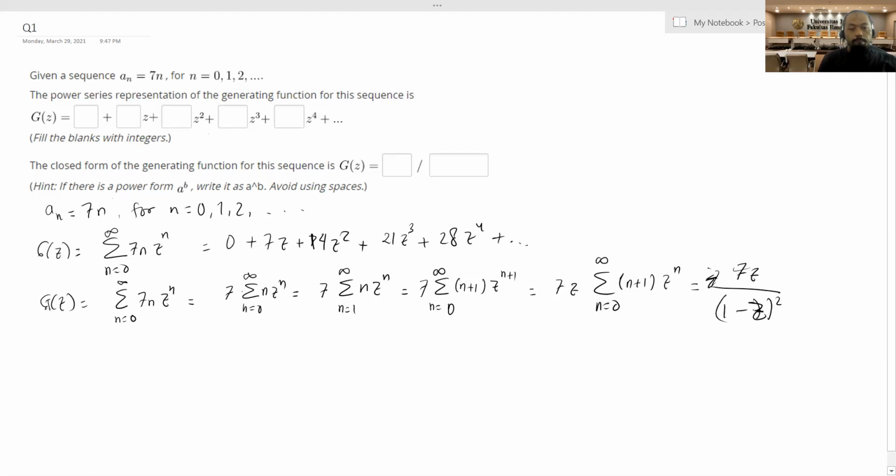This is known, right? This one here is equal to 1 over (1 minus z) squared. Yes, so that's the answer for question 1.